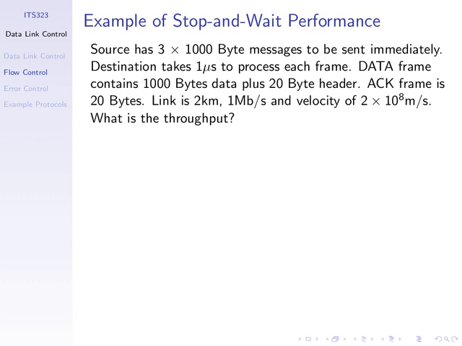You can use your calculator to solve that. It's 1,020 times 8 to convert to bits, which is 8,160. Divided by 1 million bits per second gives us microseconds. It's a U or mu, not milli, microseconds. The transmission time of data frame 1 is 8,160 microseconds.